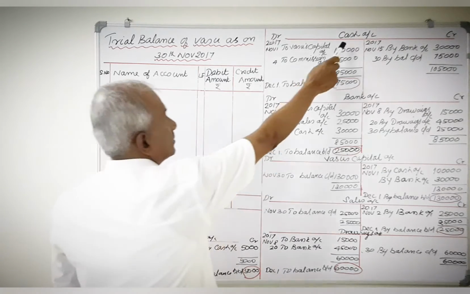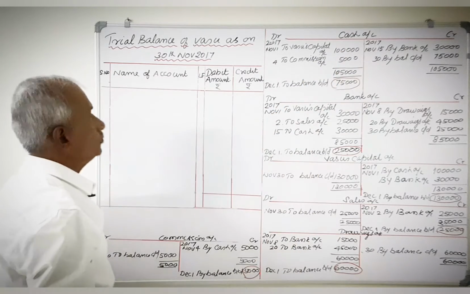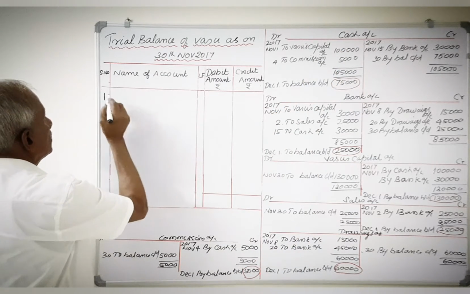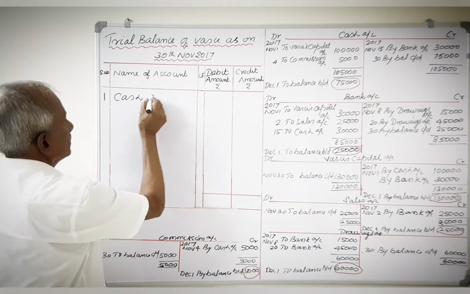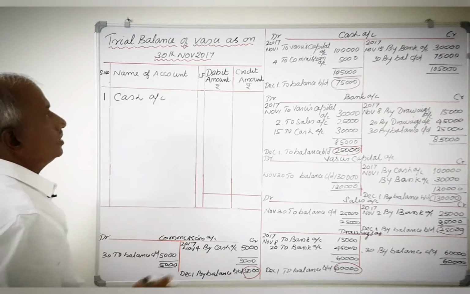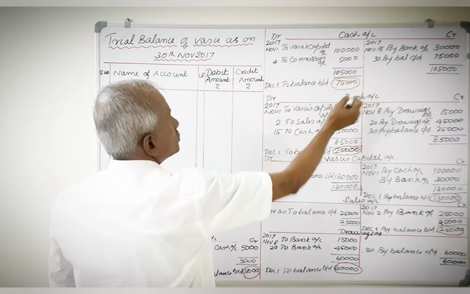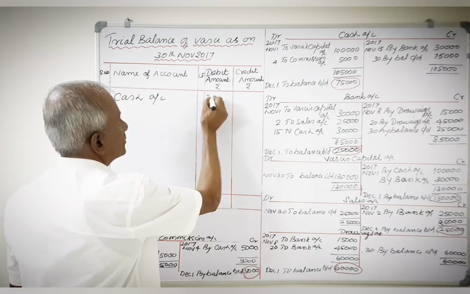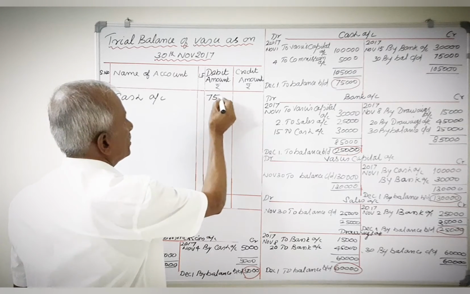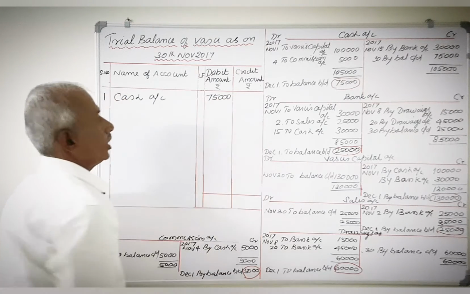Now let us take number 1, cash account. So 1, name of the account is cash account, and cash account shows a debit balance of rupees 75,000. So let us record the amount 75,000, the debit column.